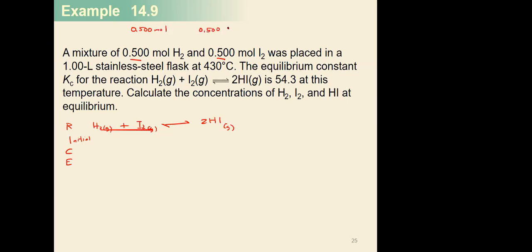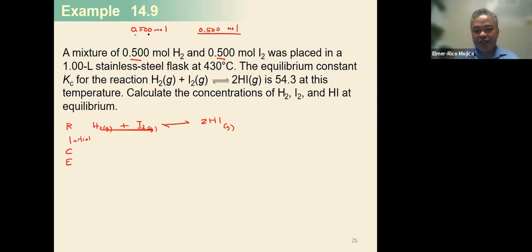Liters. Okay, so you're going to divide it by 1 liter, because you need to express it in molarity. Now, since it's over 1, you could just say that this is just 0.500, but you're going to put that there.